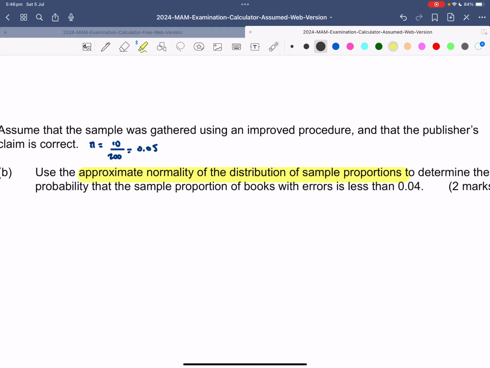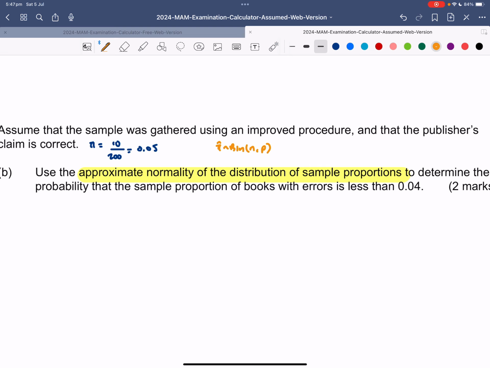Because if they don't use the word approximate, we all know that the sample proportion, strictly speaking, follows a binomial distribution where the number of trials is n, whatever it is, and the probability is whatever the probability is of a dodgy book.